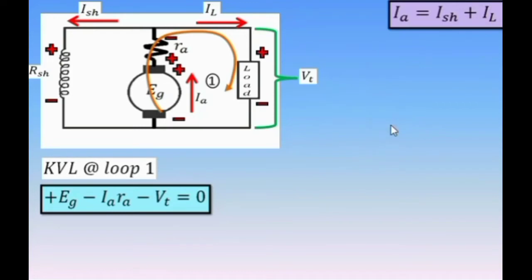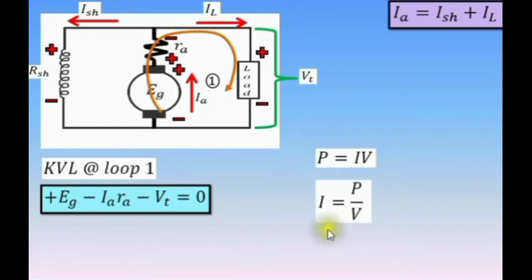Now, if we want to determine the value of IL, or the load current or line current, one way is we have the power formula for that. Power is equal to the current times voltage. For most of the problems, the power consumed by the load and the terminal voltage are given. Therefore, we can determine the load current. Deriving this formula, cross-multiply the voltage to the other side of the equation.